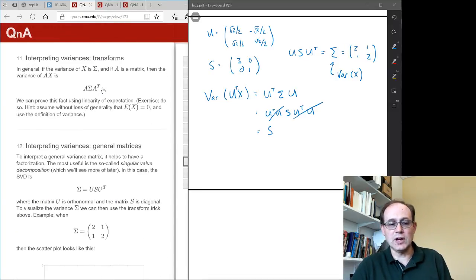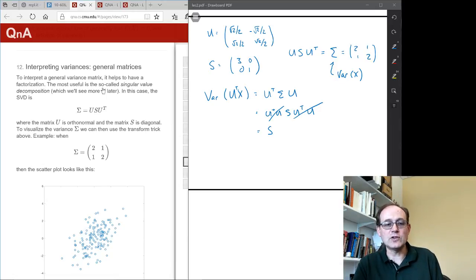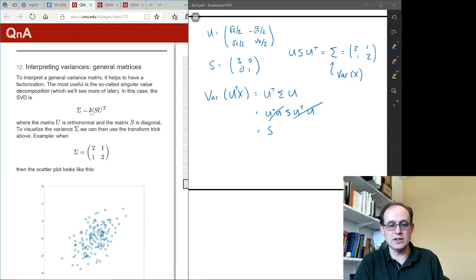So the recipe for understanding the shape of a general distribution based on its variance is to make a factorization of the variance matrix, like the singular value decomposition here, use it to make a transformed random variable that has a simple shape, like a diagonal variance matrix, interpret that, and then transform it back.